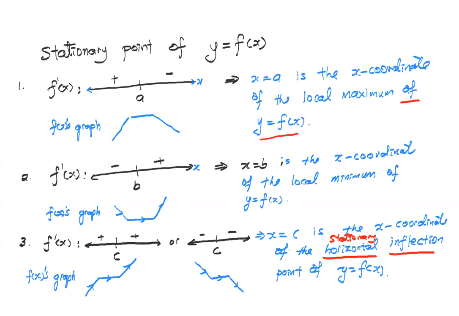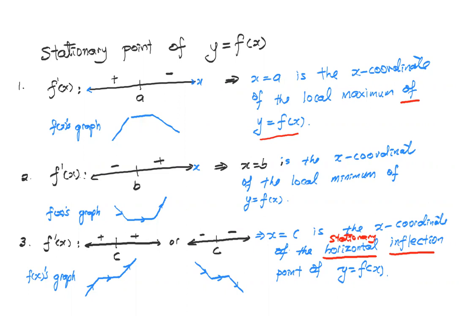How many types of stationary point of y equal to fx? Three types. How are we going to determine the nature of the stationary point of y equal to fx? We use the sign diagram of its f prime x. Got it?